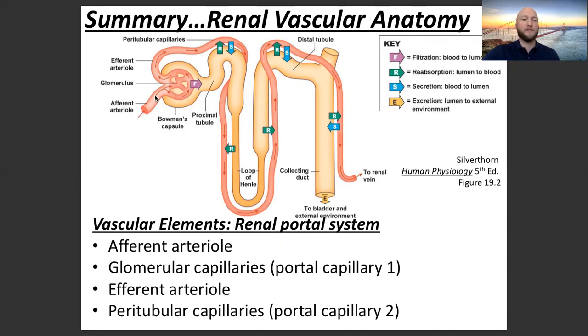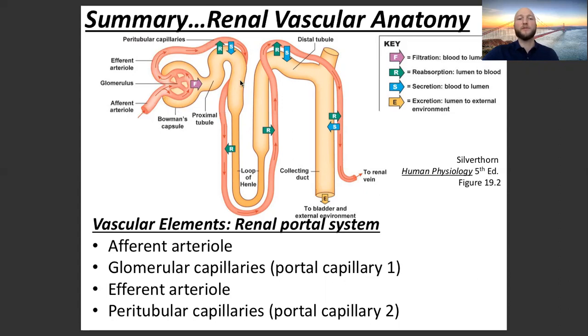So we have the afferent arteriole bringing blood to the glomerulus. The glomerulus sits inside Bowman's capsule. The blood flows out of this capillary bed into what's called the efferent arteriole. And then it goes into another capillary bed, but this is another special capillary bed. It's called the peritubular capillaries.